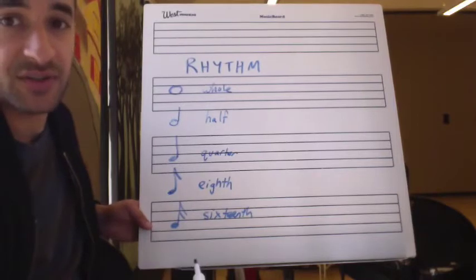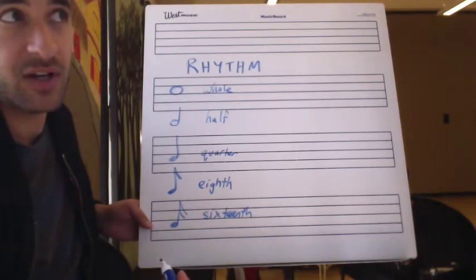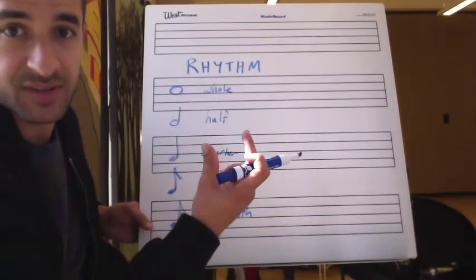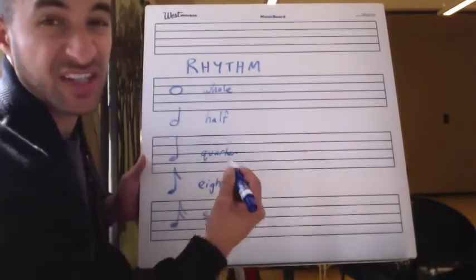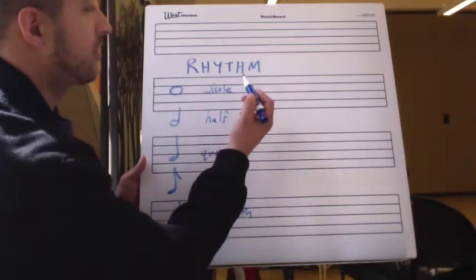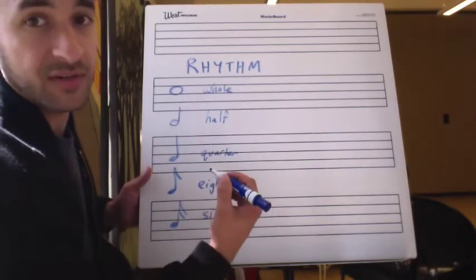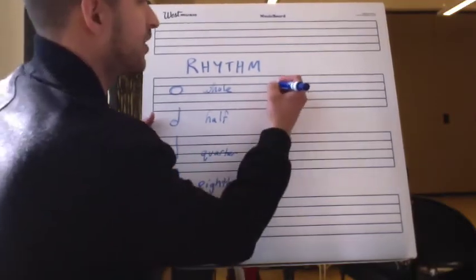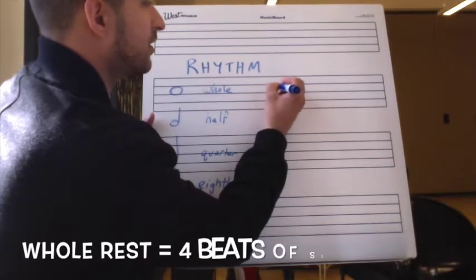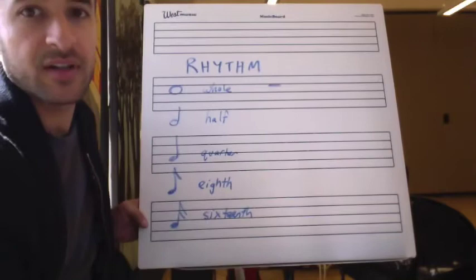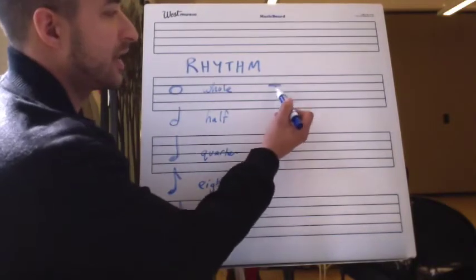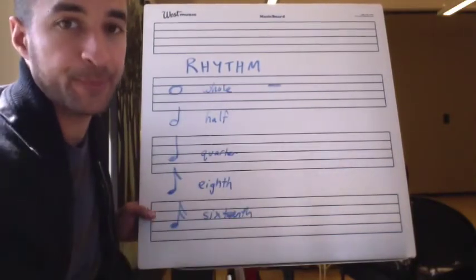The rest versions of these same notes, meaning when you wouldn't play, but for that same amount of time, they look like this. And in this case, it is important for just the whole and the half note where they're written on the staff. So the whole note, whole rest, looks like this. And it hangs from the D line, the 4th line up.